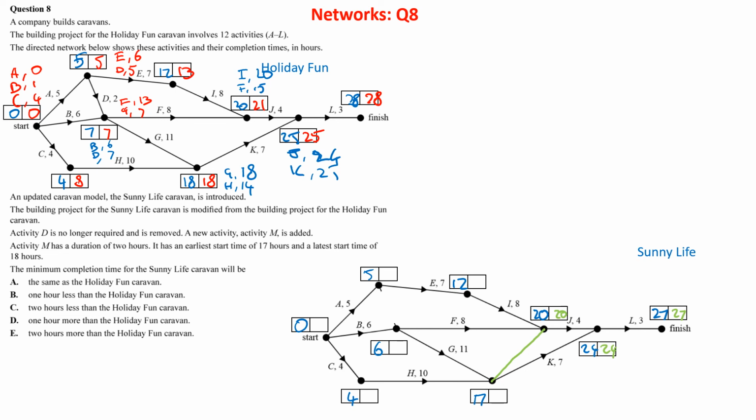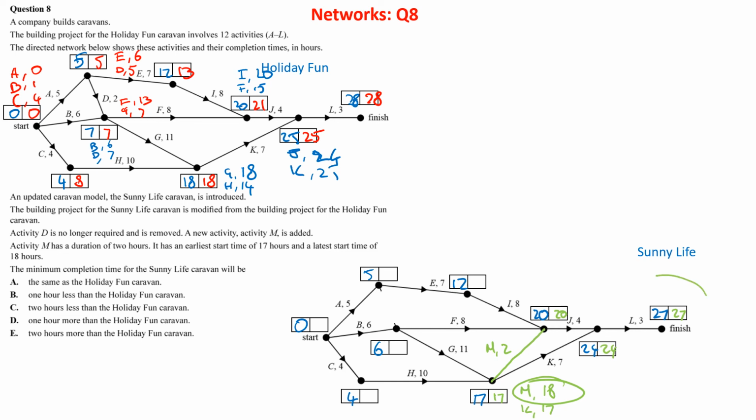Now if this is M2, that means I've got M and 20 minus 2 would be 18. And I get 24 minus 7 is, for K, would be 17. So I'd actually put 17 there, but you notice that for activity M, it would be 18 hours. And so my M would go in here, and I can't put anything else.